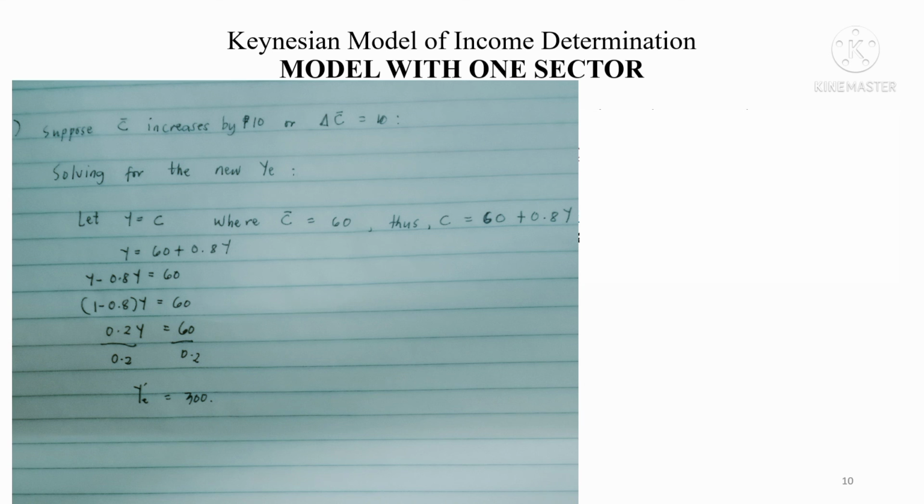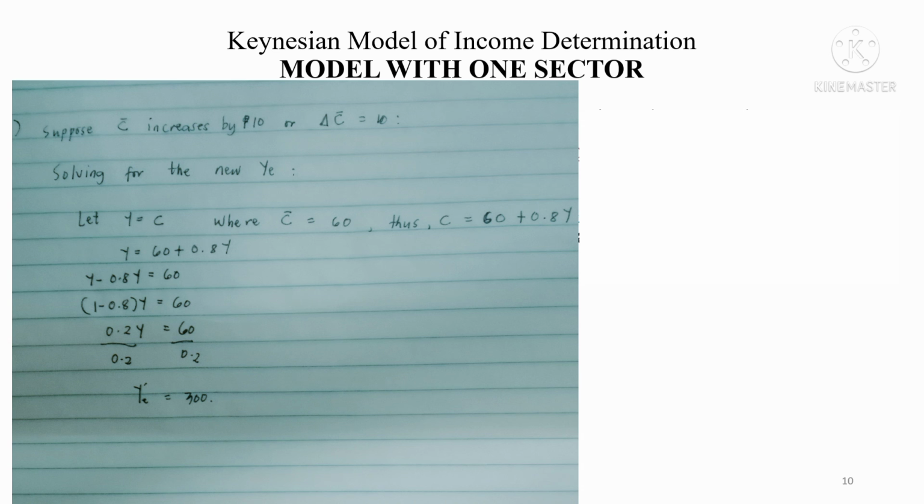Again, the same process. First, we let Y equal C. C bar is now equal to 60, and the new consumption function is C is equal to 60 plus 0.8Y. Then substitute the new consumption function, so Y is equal to 60 plus 0.8Y.